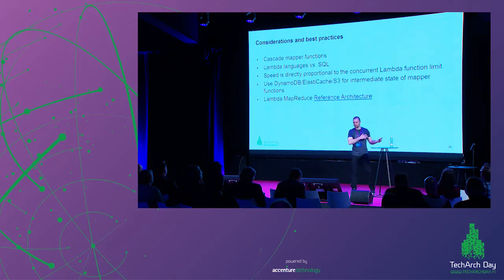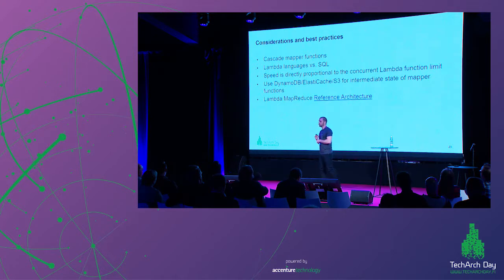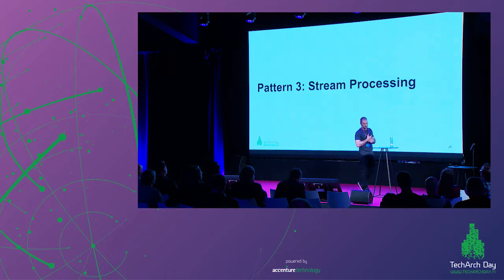Okay? So for example, a 256 meg function will have twice the CPU and network of a 128 meg Lambda function. So this is something very simple to do if your workloads all of a sudden start to slow down. We actually have a reference architecture of doing MapReduce as well using Lambda. It's a bit different pattern, but it'll be on the slide for you to check.